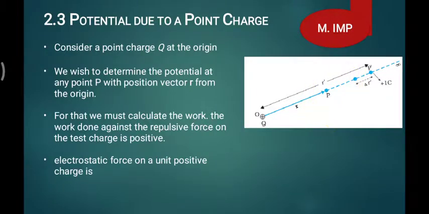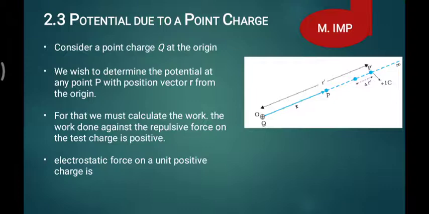Please keep in mind this point is represented by the position vector r, the distance from the origin to the charge Q. For that we must calculate work, because electrostatic potential is nothing but the amount of work.